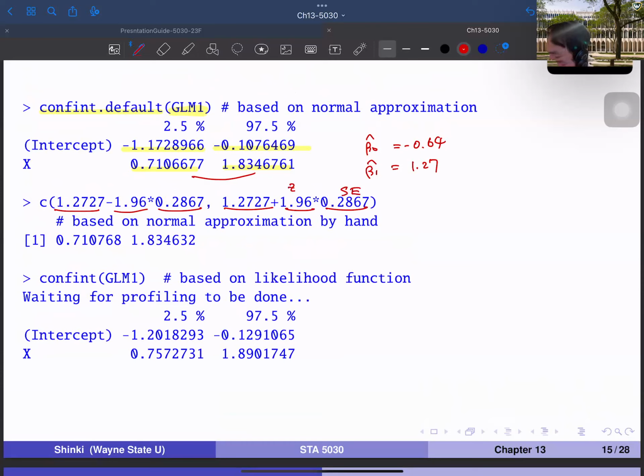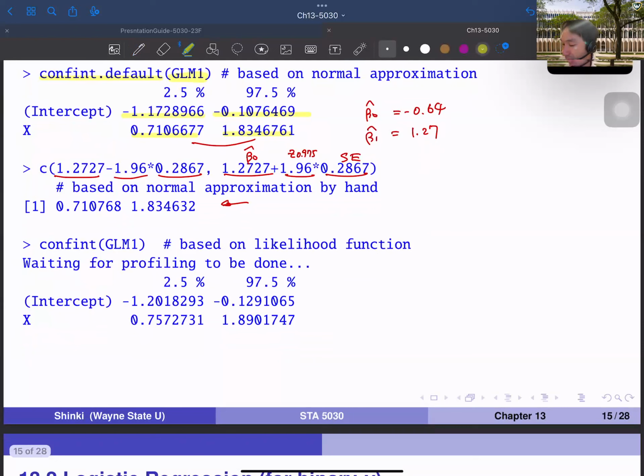This is the z value for the 95% threshold, z sub 0.975, and this is the estimate of beta naught. So this method just uses normal approximation: the normal quantile points, the standard error and the estimate itself make these numbers.